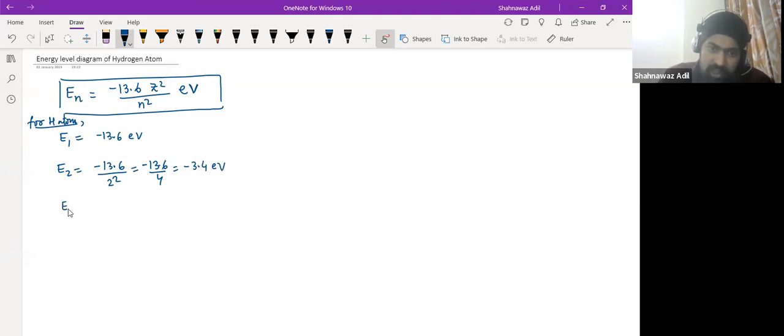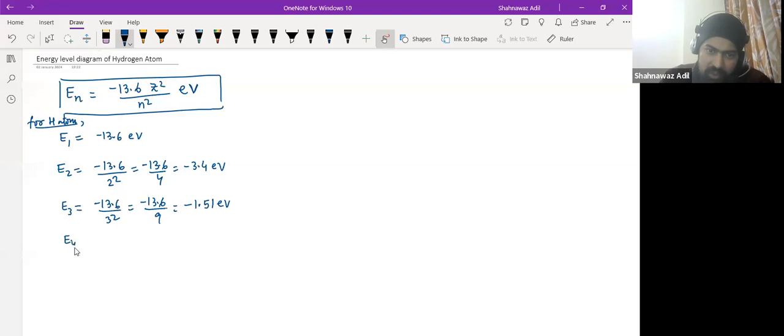And then what is the third one? That would be simply minus 13.6 by 9, since this is 3 square. So 13.6 divided by 9 is 1.51 electron volt.